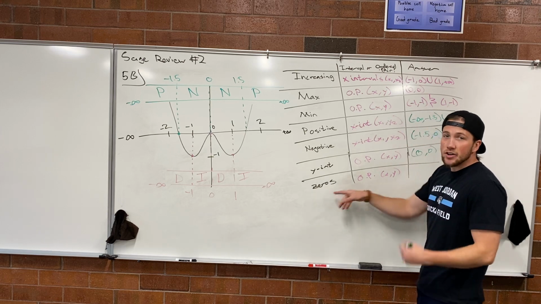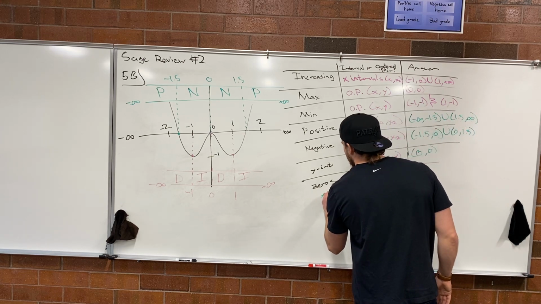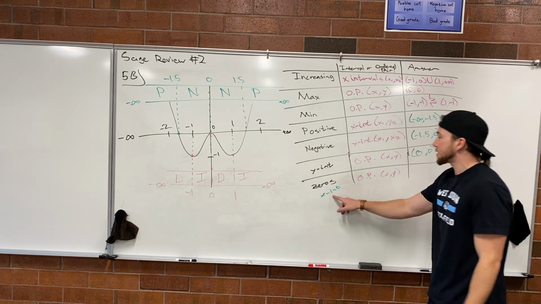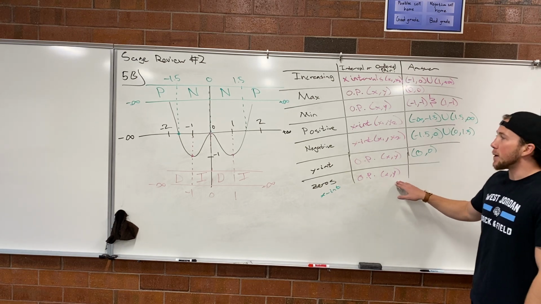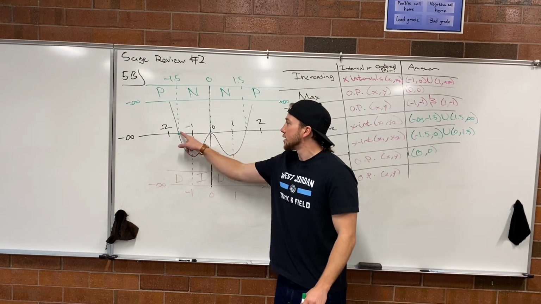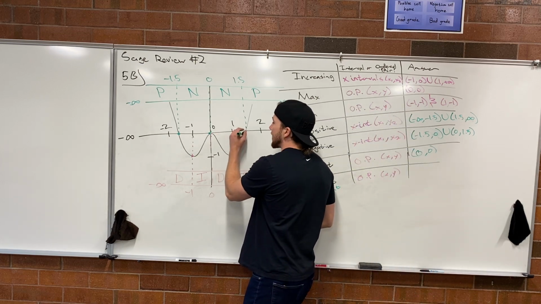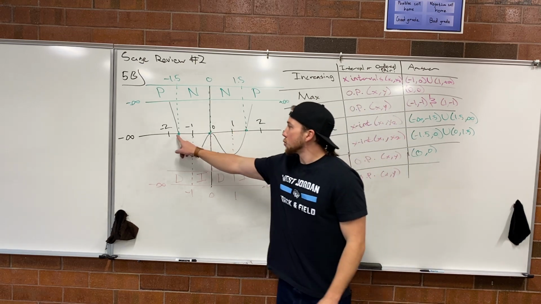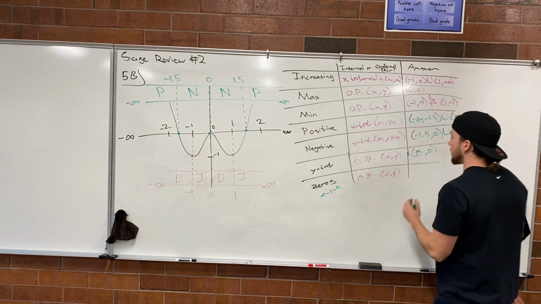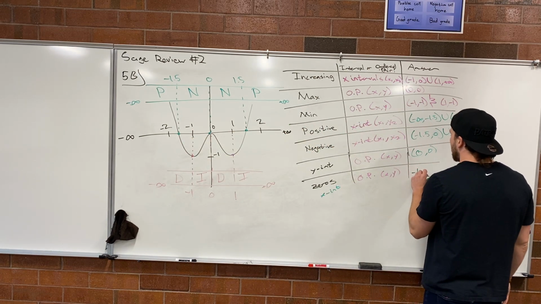So our zeros, otherwise known as x-intercepts, are ordered pairs, and this is everywhere that we touch the x-axis. There are 3 points here. Our first one is going to be negative 1.5, 0. That's what makes this a 0.